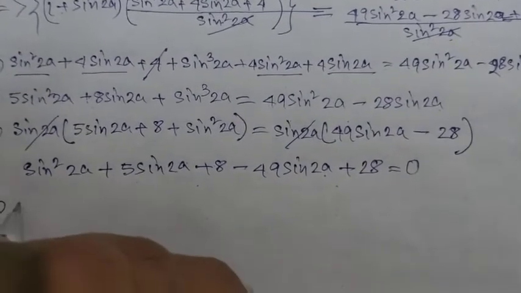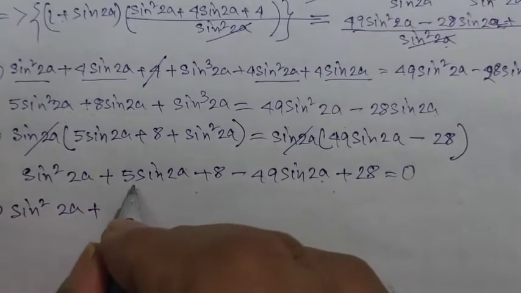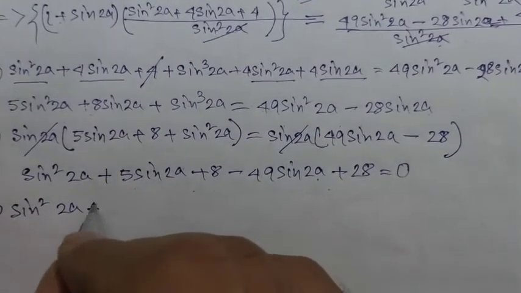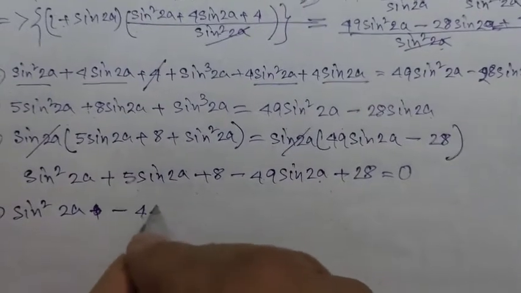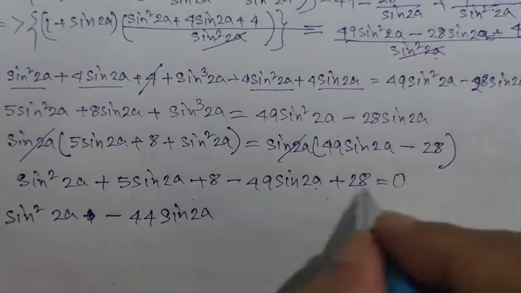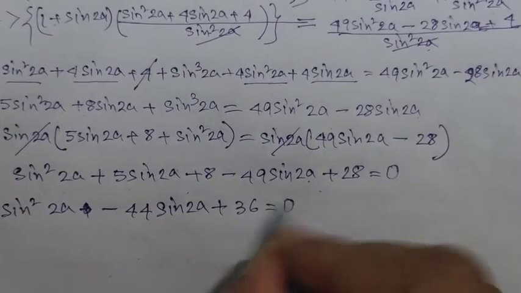Directly we can write, so now sin square 2A plus 5 sin 2A minus 49 sin 2A, so it becomes minus 44 sin 2A. Now plus 8 plus 28, it becomes plus 36 equal to 0.